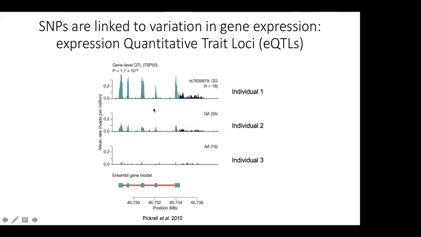Here is a study done in humans where they measured gene expression through RNA sequencing of different individuals from different heritage. What they see is 3 different groups with 3 different haplotypes, and this causes a variation in gene expression.